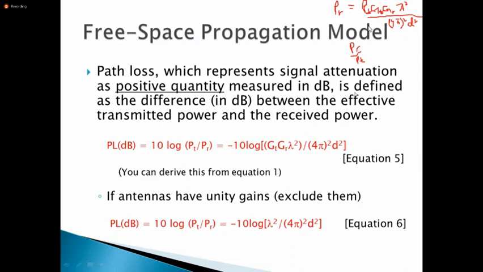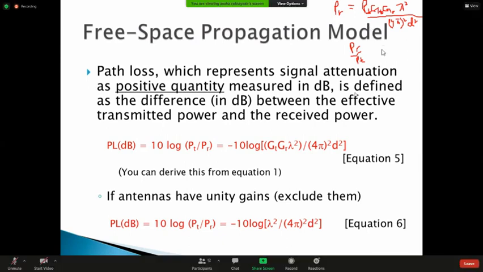PR divided by PT කියන්නේ PT මේ පැත්තට ආවහම අනිත් පැත්ත ඉතුරු වෙනවා GT GR lambda square, right? Then again 4 pi square d square in the denominator.